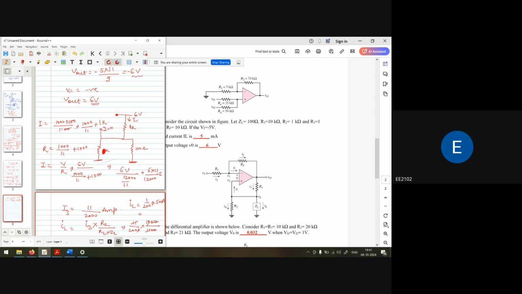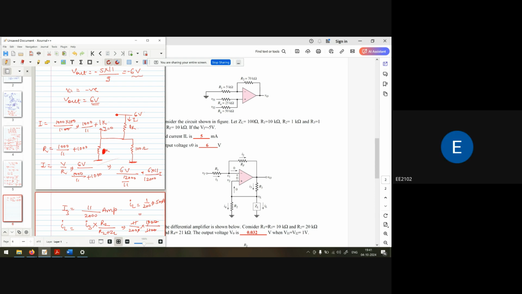Actually, there are two loops. If it is only a positive loop, that means if it is connected on the negative terminal, there is no need to calculate the particular voltage at the negative terminal V1. But there are loops for both terminals, inverting as well as non-inverting. So from the inverting, the voltage we are getting is 5 volt.